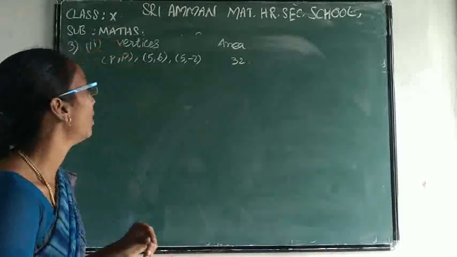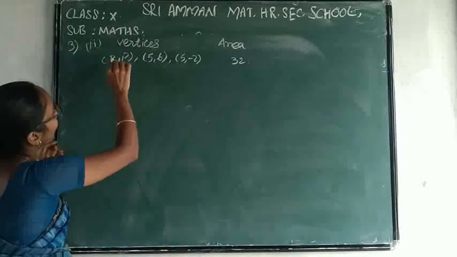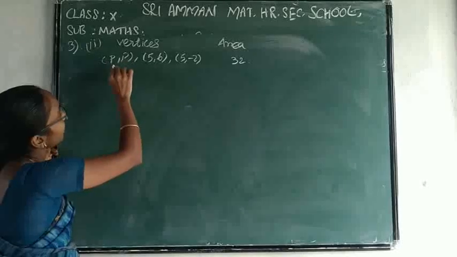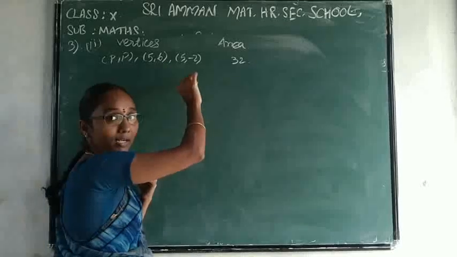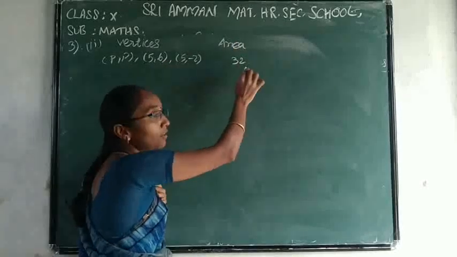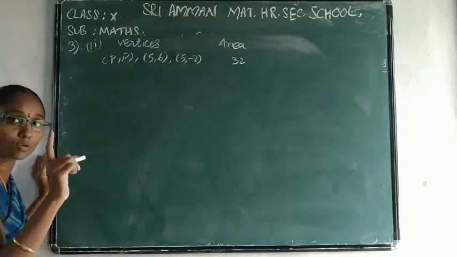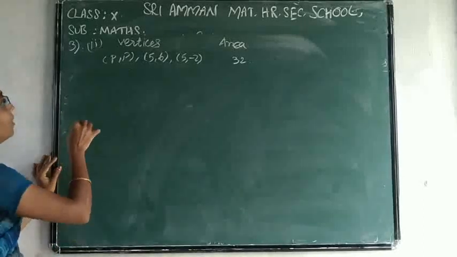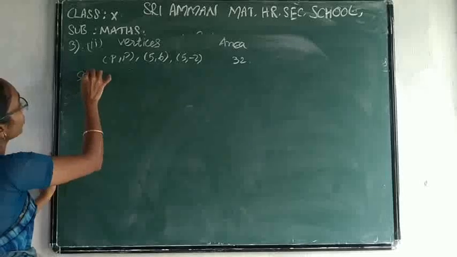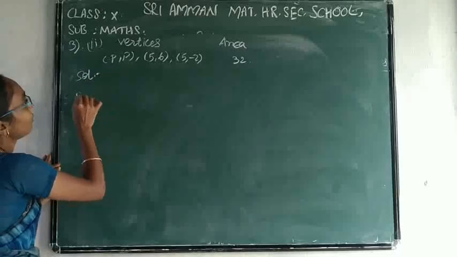The vertices of a triangle are given and taken in order, and the area is also given as 32. You read the question in your book carefully. Afterwards, listen to this question. Solution. We want to find the value of p.